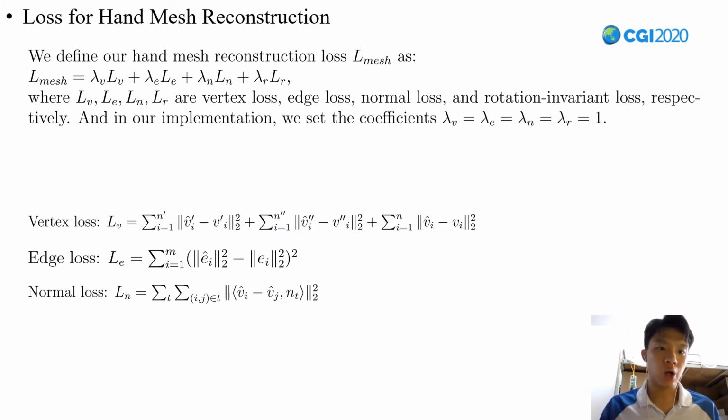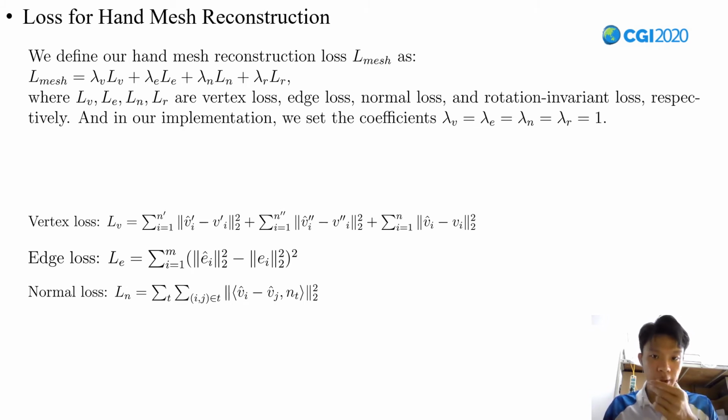This page shows the loss function for hand mesh reconstruction. We define our hand mesh reconstruction loss as the weighted summation of vertex loss, edge loss, normal loss, and rotation invariant loss, respectively. And in our implementation, we set the coefficients equal to 1. The first term of the vertex loss is the summation of square of Euclidean distance of the ground truth vertex and the estimations on the first intermediate mesh.